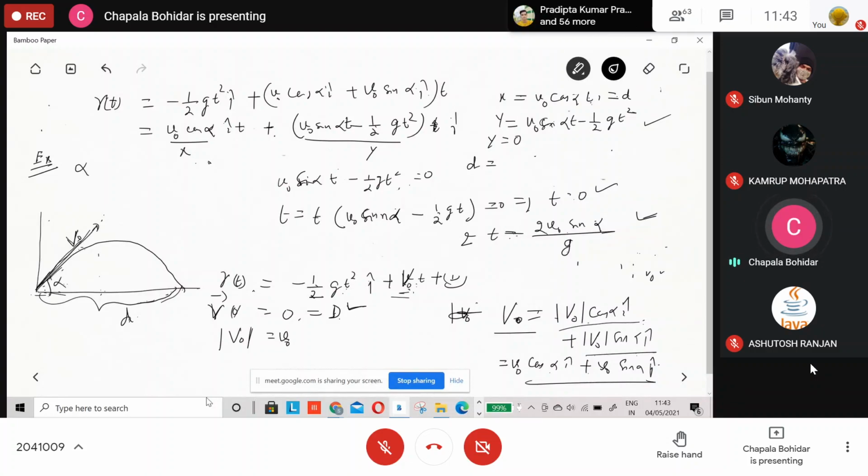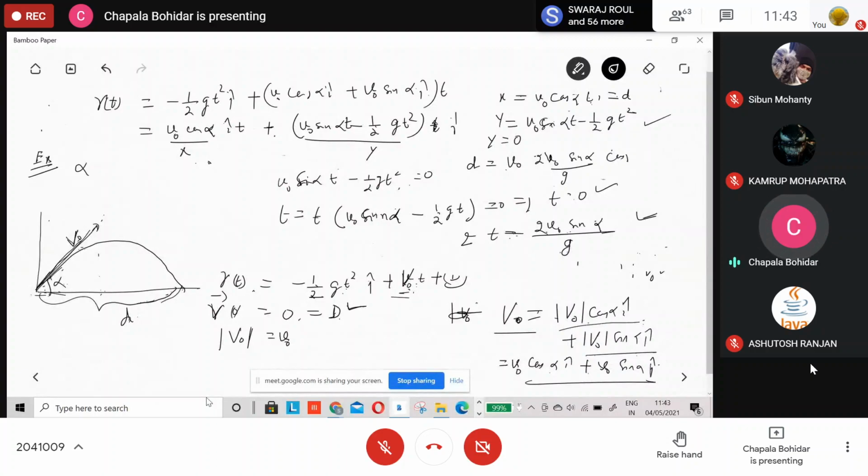So when t is equal to 2 v0 sine alpha by g, then x is v0 cos alpha times t.